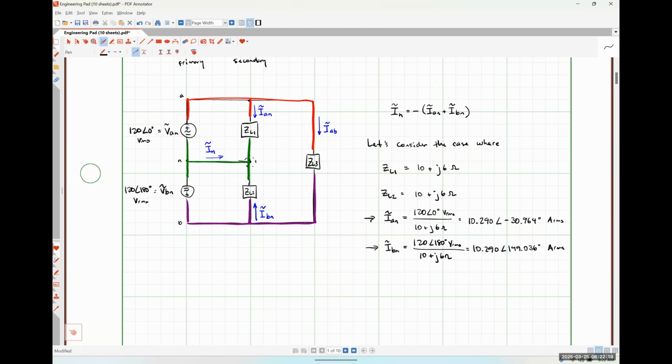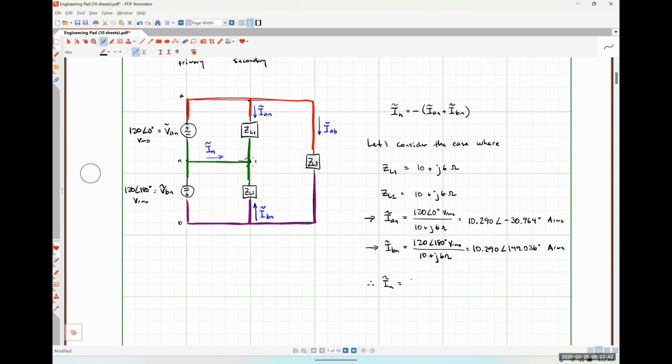And taking these two things together, I would find my neutral current to be negative the sum of 10.290 angle negative 30.964 plus 10.290 angle 149.036.